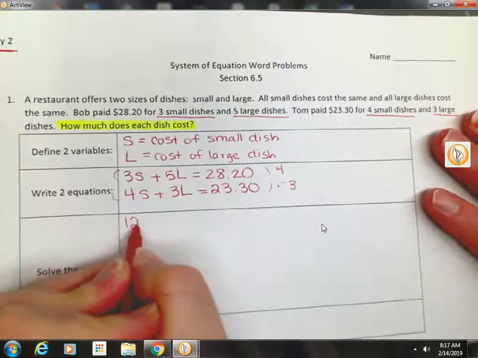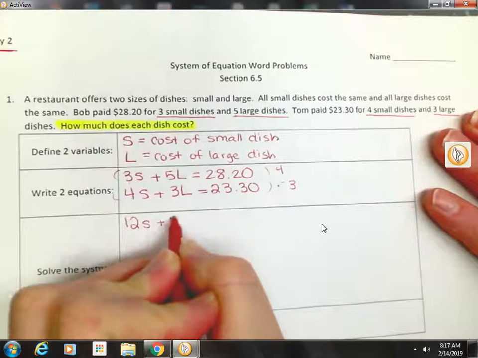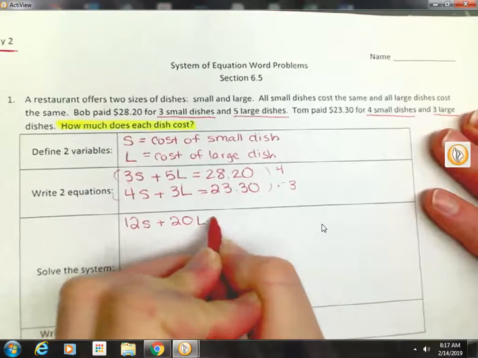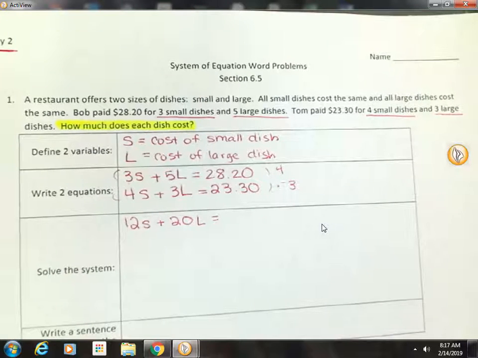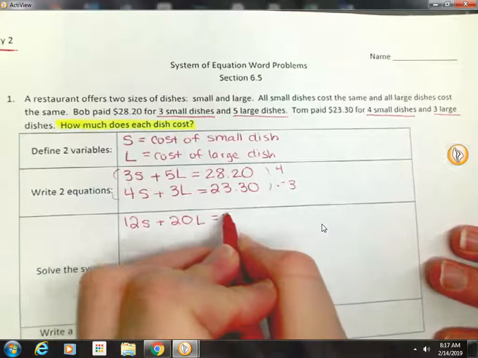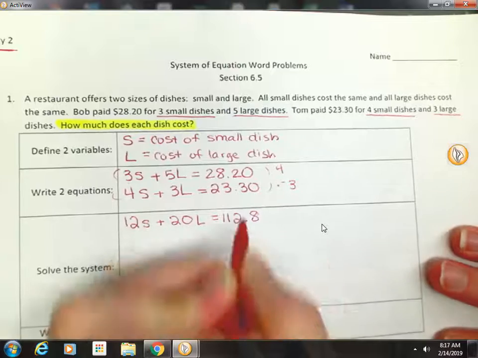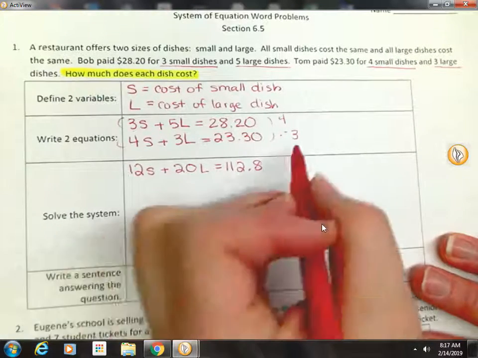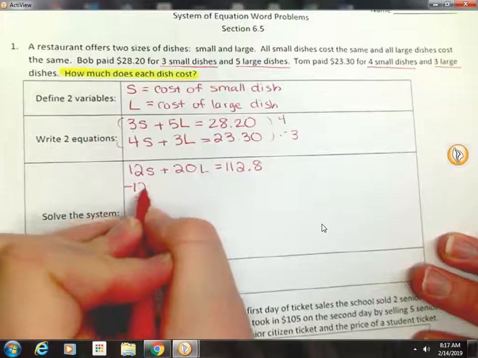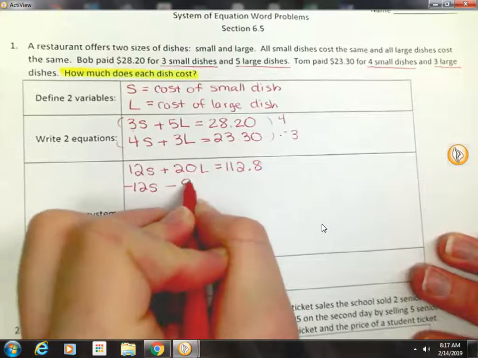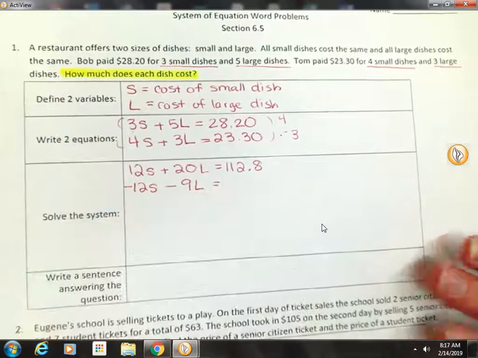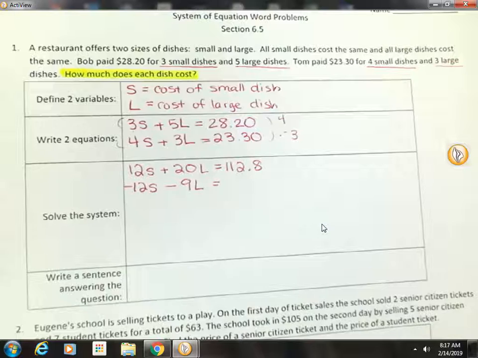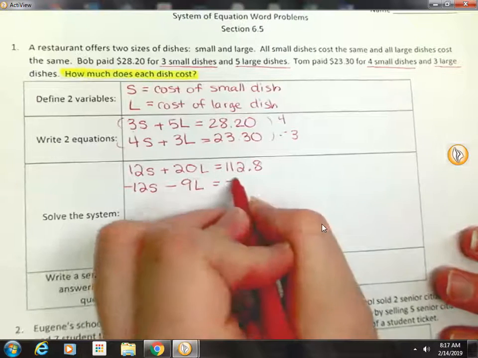So I have 12S plus 20L equals, I'm going to take 28.2 times 4. I have 112.8. And then take the second equation times -3. So I have negative 12S minus 9L equals negative 69.9.